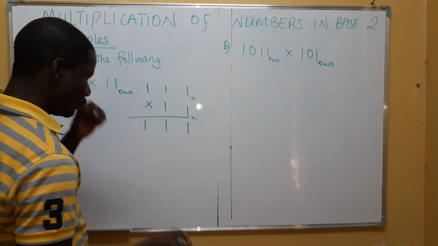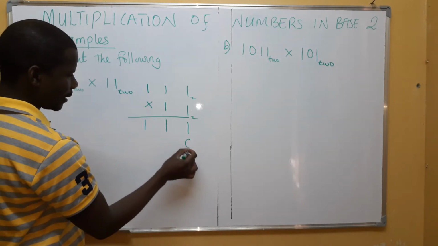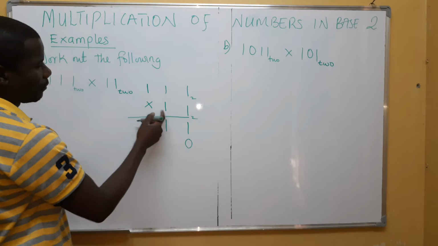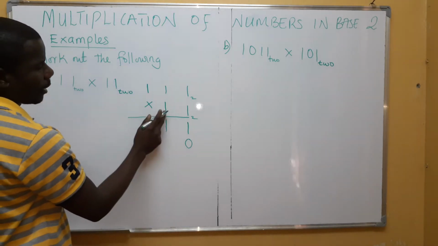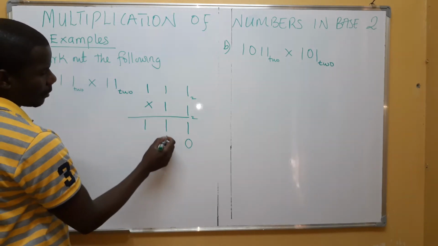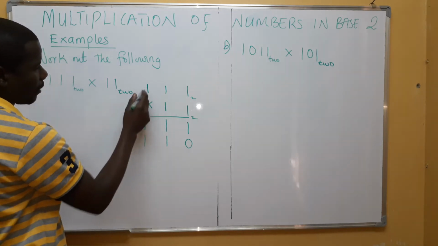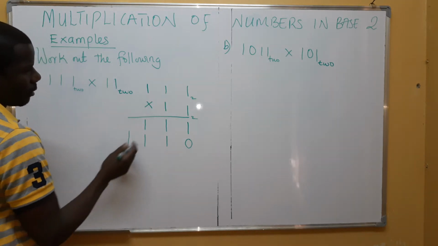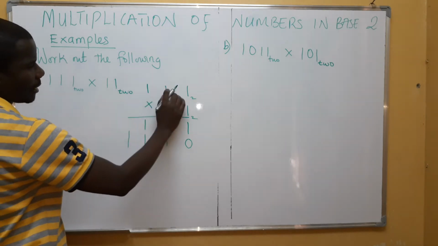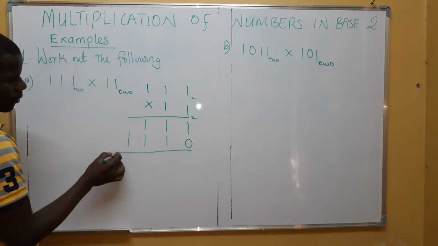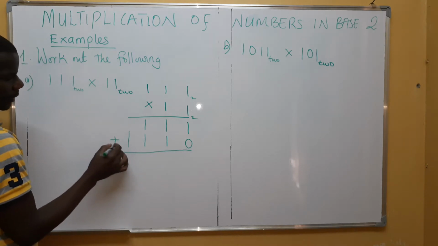As usual, we always put a 0 here as a placeholder because we have moved to the second one. Again, 1 multiplied by 1, we have 1. 1 multiplied by 1, we have 1. 1 multiplied by 1, we have 1. So we have multiplied the first one by both of these.